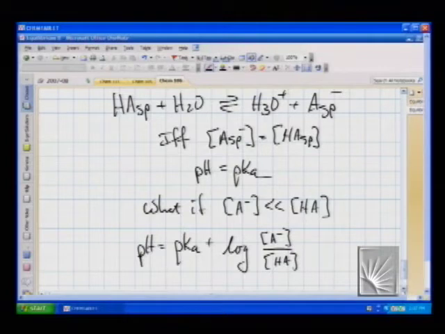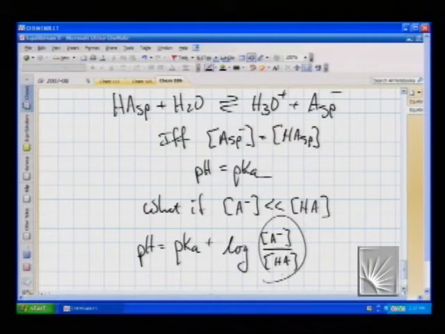If the concentration of A minus is much less than the concentration of HA, so this ratio is much less than 1. The log of a number much less than 1 is positive, negative, or 0. Let's see, the log of 1 is 0, so the log of a number less than 1 has to be negative.